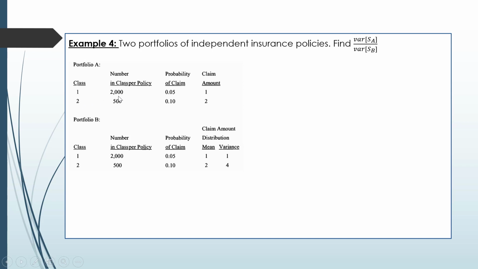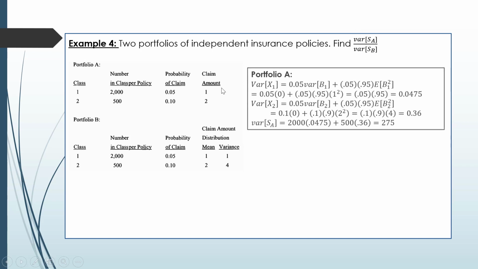For portfolio A, class 1 has 2,000 policies and class 2 has 500 policies, and similarly for portfolio B. For each class we are given the probability of claim and the claim amount, which is the expected value. For portfolio A, there is no variance, that means the variance is 0. So to find this ratio, we first need to find the variance of SA and the variance of SB.